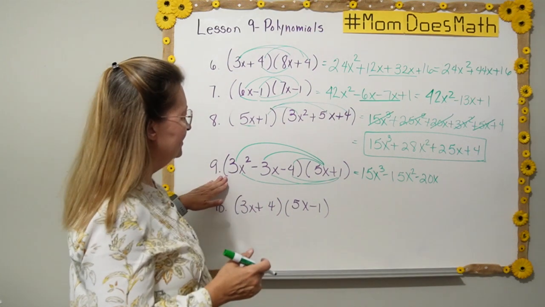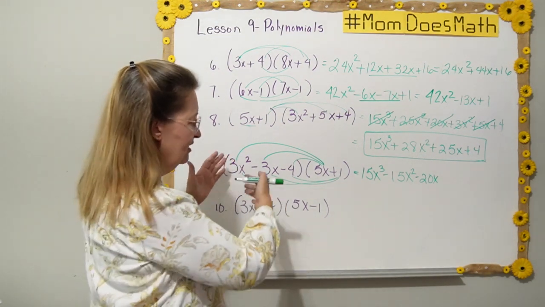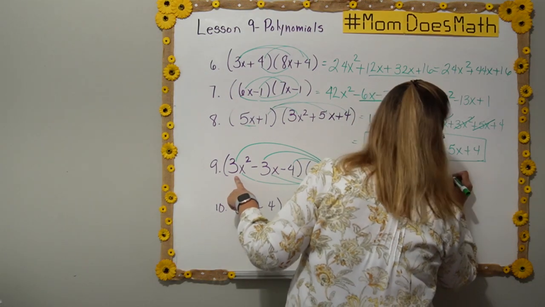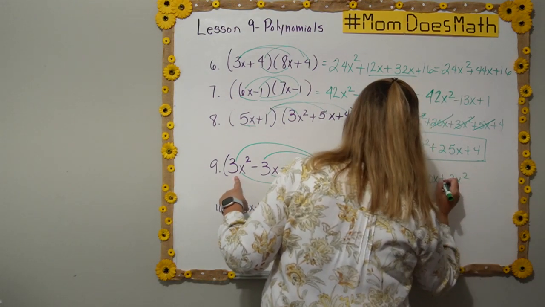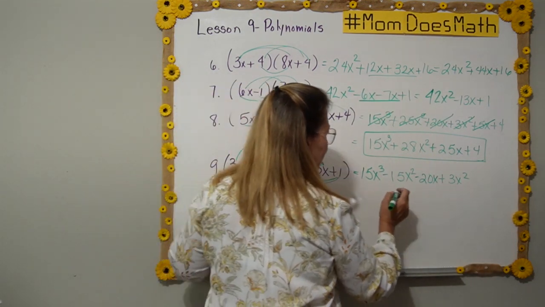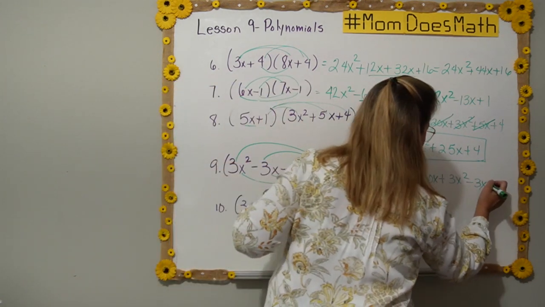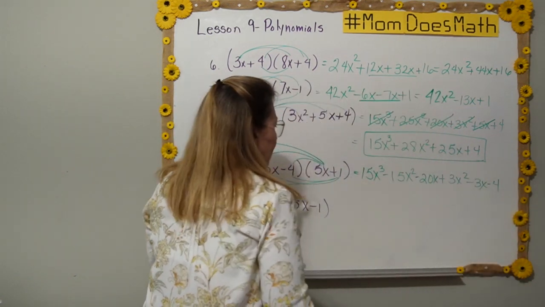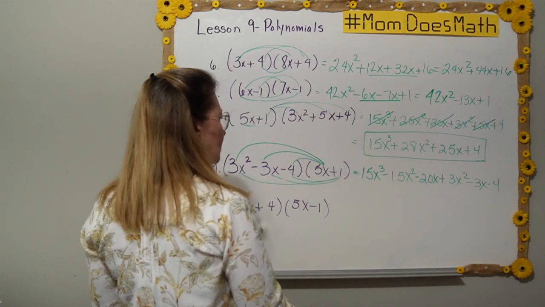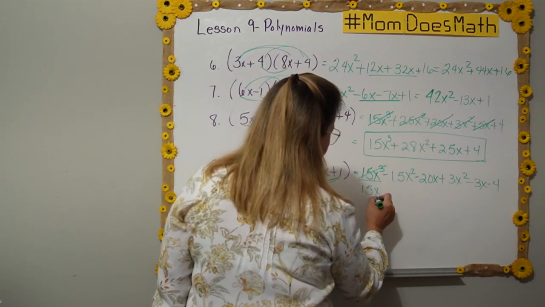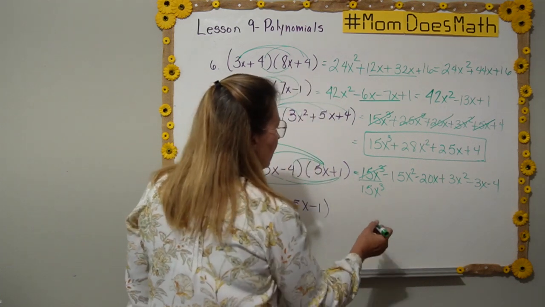Now let's do the 1. 1 times all of these things is just going to be all these things. So 1 times 3x squared and 1 times minus 3x and 1 times minus 4. Okay. Now let's combine any terms that we can. Nothing will combine with that. So I have 15x to the third.